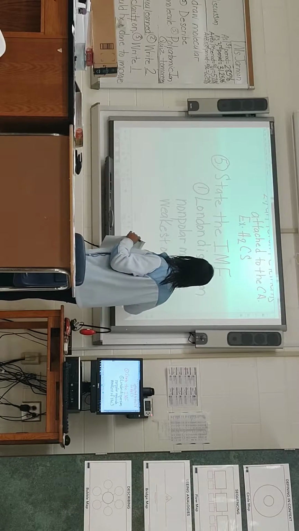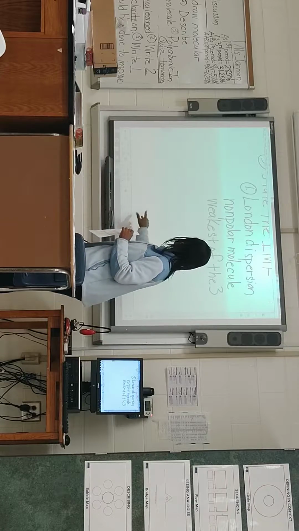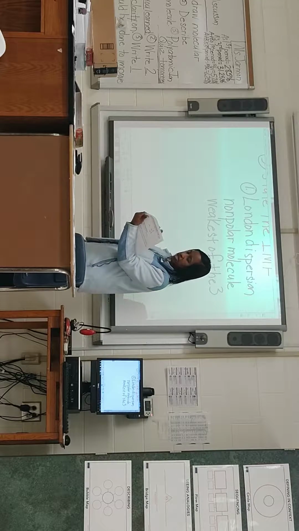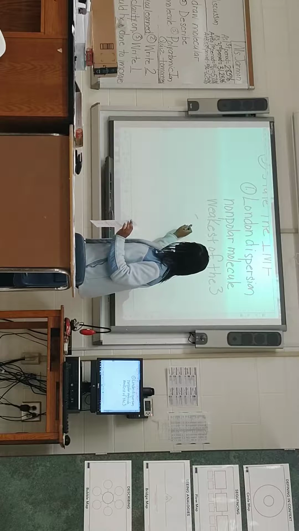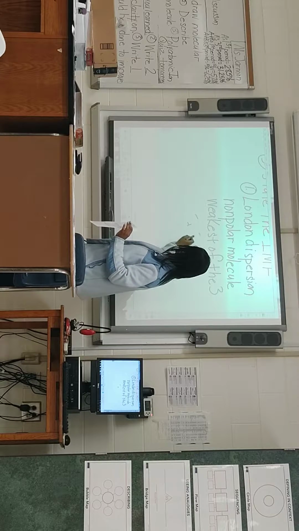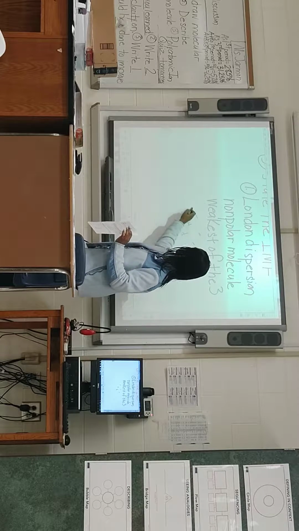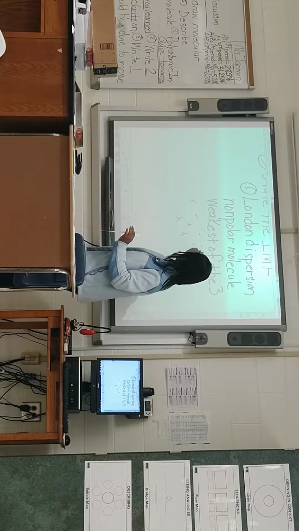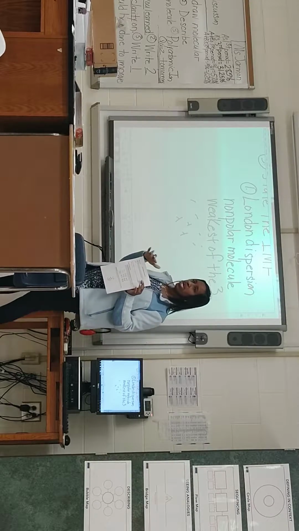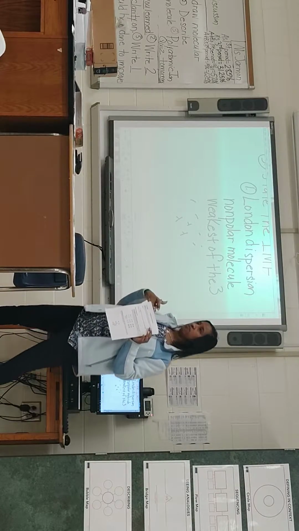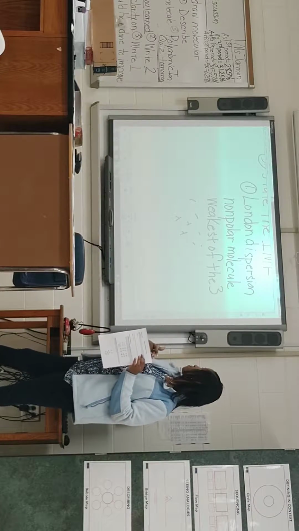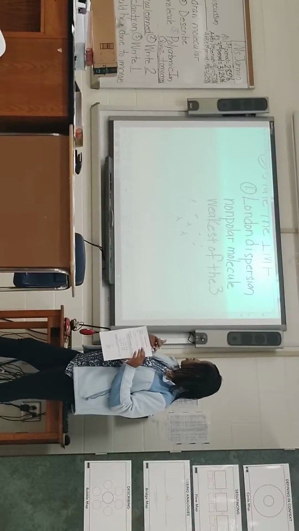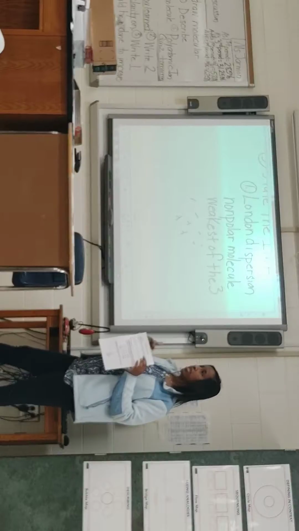Okay, so when you think of London dispersion, just think about it like the paper does. It's not really like magnets, but you have like positives and negatives all over the place. You have a very weak force of attraction. So it is the weakest of the 3 intermolecular forces.